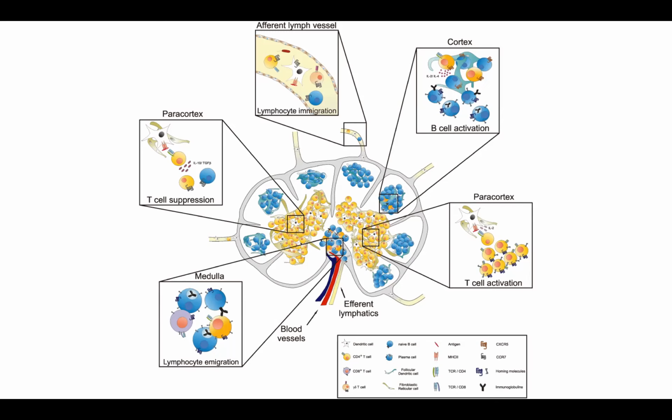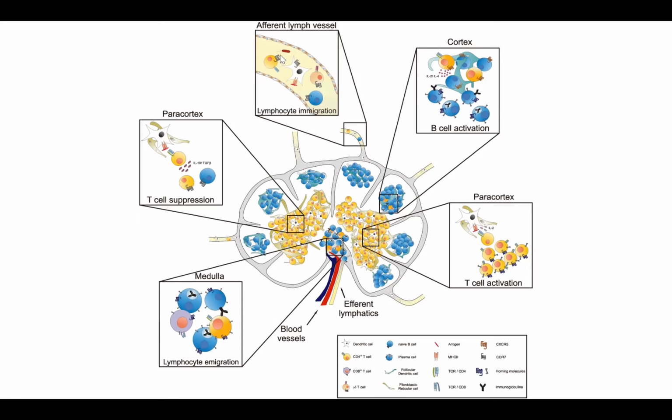So what I have on the screen here is a lymph node, and let's just kind of walk through here. Let's start with the afferent migration into the lymph nodes. So right here we have a lymph node right in the middle of the screen. Okay, and I don't know if you can see my cursor or not. Hopefully you can.